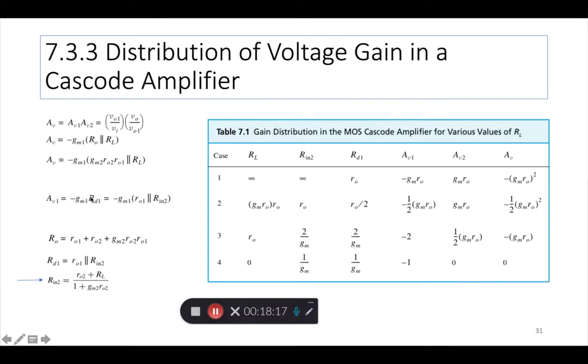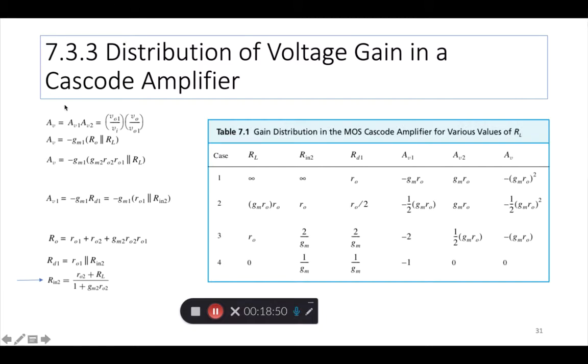RD1 and Rn2 are new, and you have formulas for those. First Rn2: it has all these terms that we know, RO2, RL, and that gives you Rn2. Then RD1 is nothing but RO1 in parallel with that Rn2. Take this RD1, put it in here, and you'll get the gain of just one stage alone, which is stage 1.